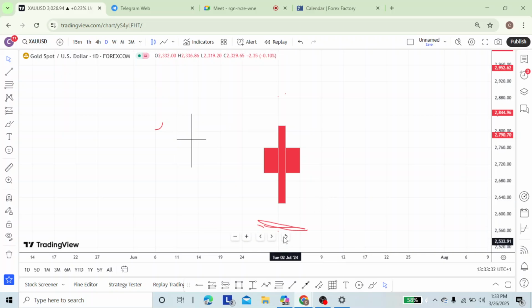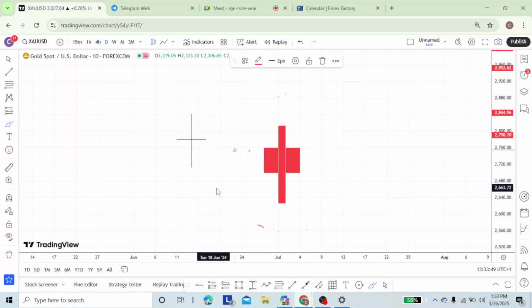You can see that this bar here is different from here. In the last class I told you this is a bearish candlestick, right? Now this candlestick opened at this level and closes at this level.